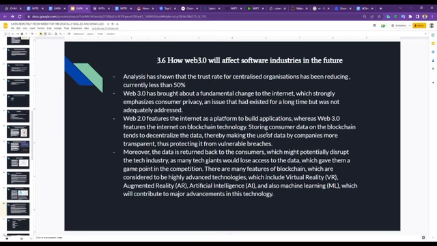It will affect software industries that depend on Web 2.0. So a smart thing for these software industries to do is to shift according to the trend. There is a saying, if you can't beat them, join them. So they should find a way to integrate Web 3.0 features into their ecosystem to make it last longer and survive for the next generation.